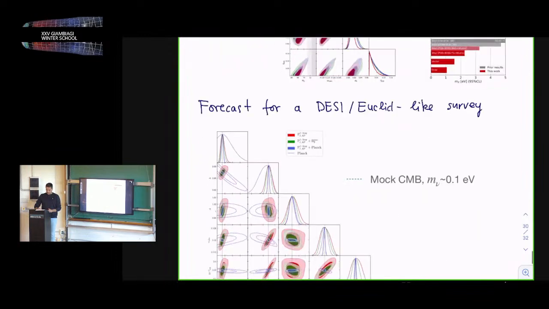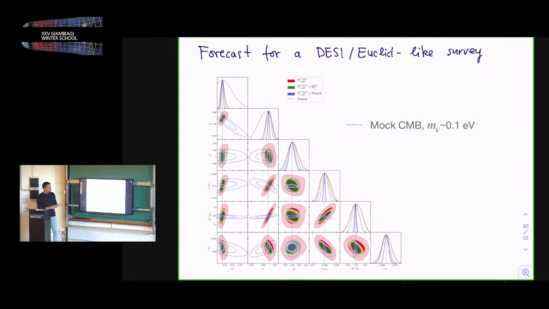And I'll just stop here and show you how the forecast looks for a DESI or Euclid-like survey. Here in the dashed line, you have the Planck data, assuming some neutrino mass. And then you can focus on these red contours, which are the expected power spectrum results from DESI or Euclid. And you can see that these ellipses are comparable to Planck.